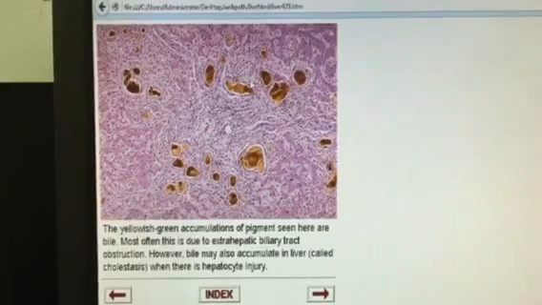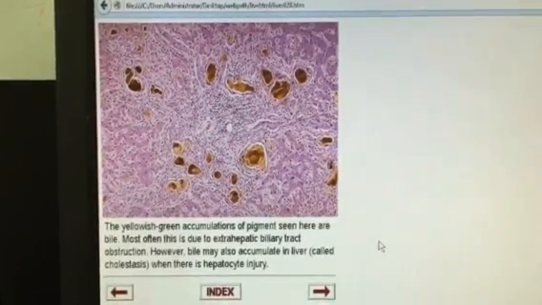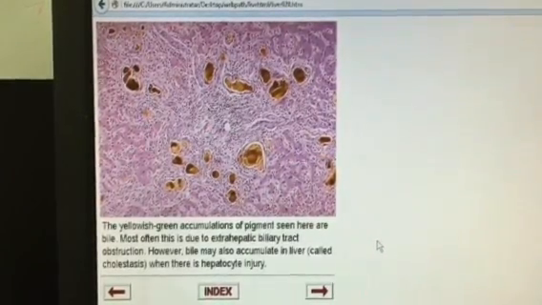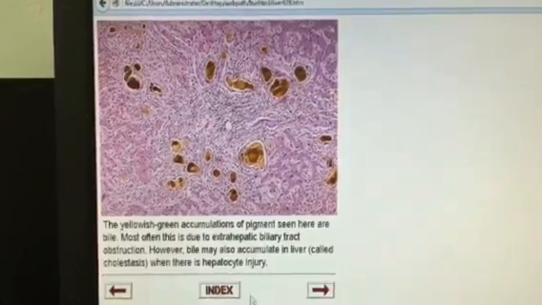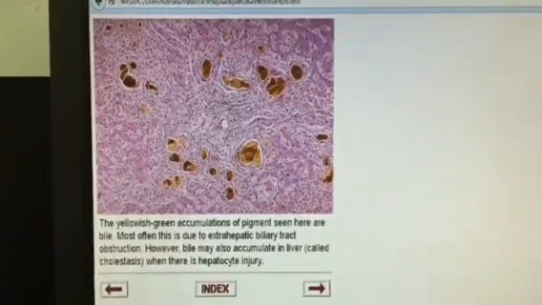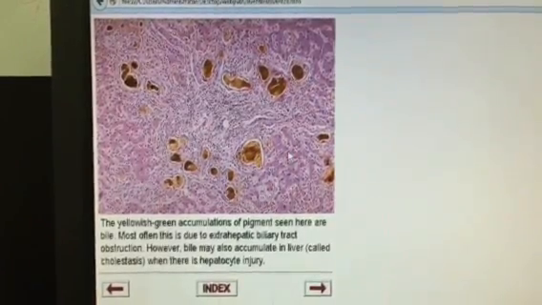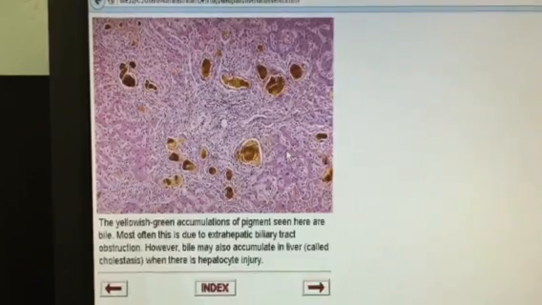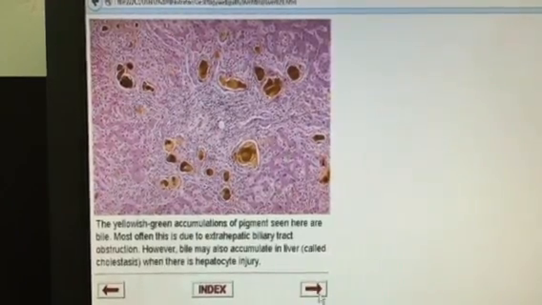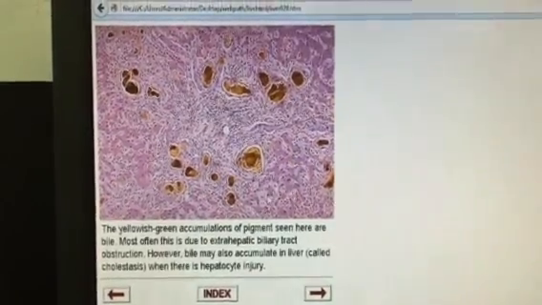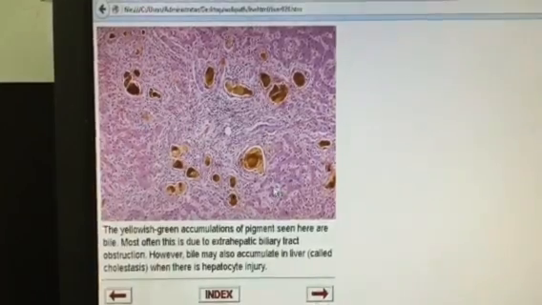This pigment is the bile. If there is a bile accumulation inside the liver, it's called cholestasis. Bile accumulation could be due to post-hepatic or extrahepatic obstruction. This bile accumulation will lead to hepatocyte injury.